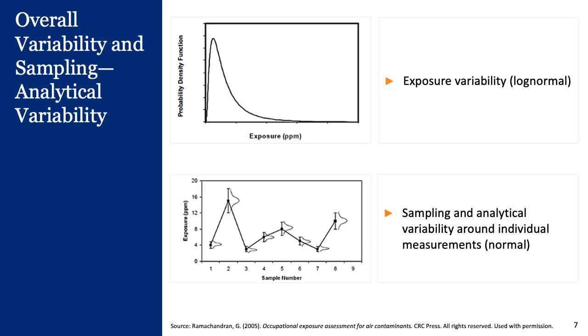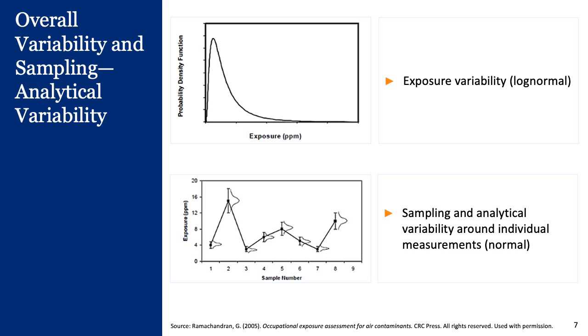But in addition to this, you will see for each of the data points, there is an uncertainty around that. And this reflects the sampling and analytical variability around each individual measurement. And this uncertainty arises from the measurement technique that we used and the analytical technique that we used to analyze our samples.